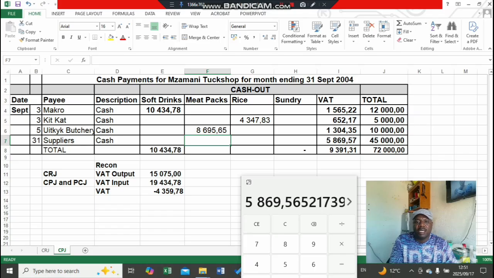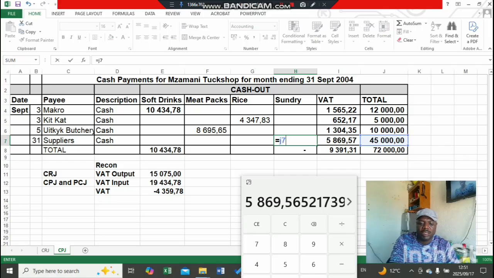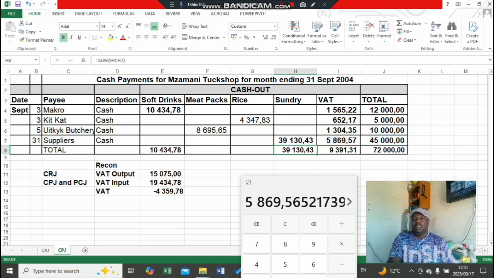And then the last one, the sundry one, equals J7 minus I7. Use the calculator to do it. That's the amount without VAT. So this is great, and we are definitely getting somewhere.